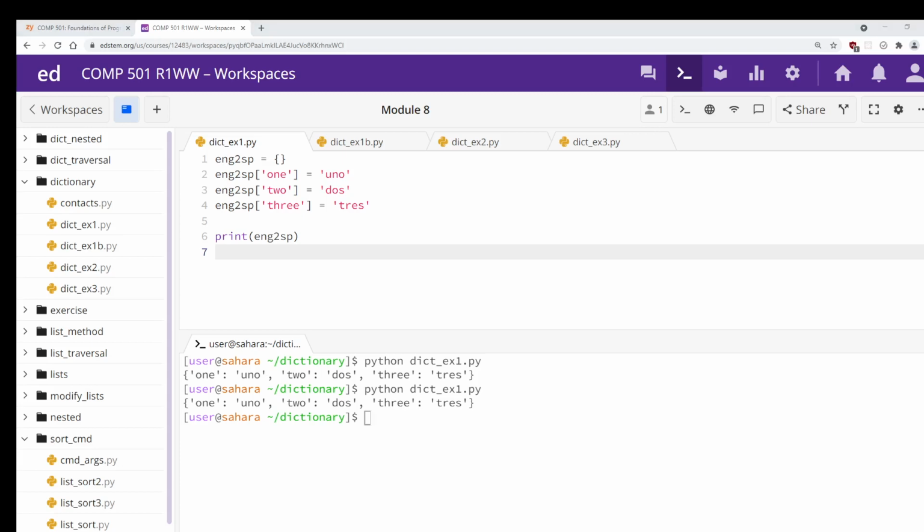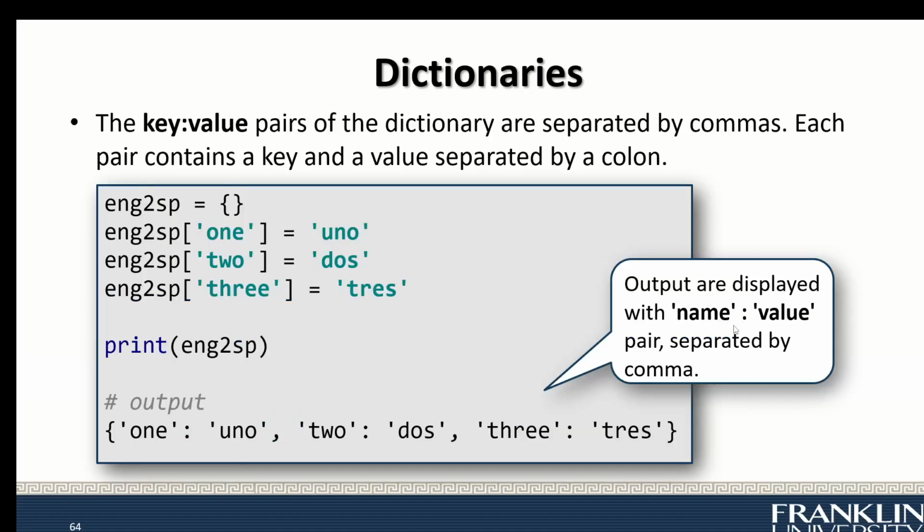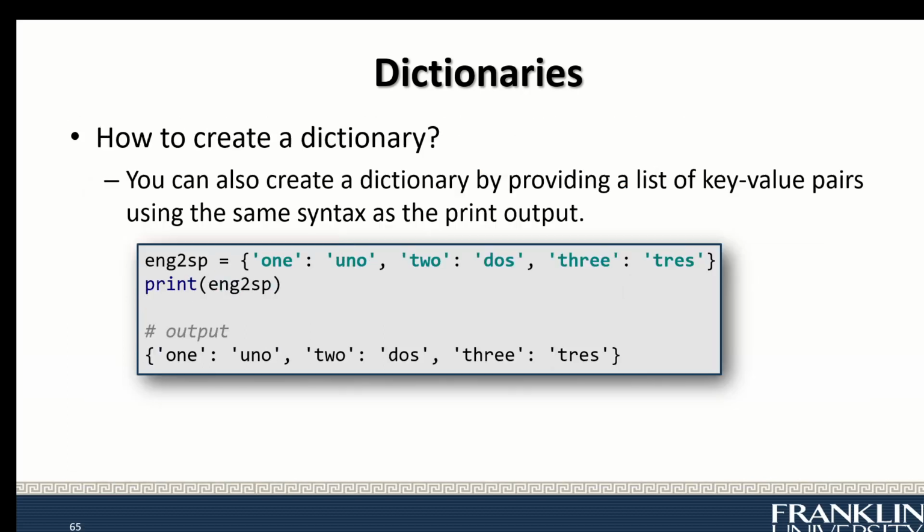And you can also create the key value pairs differently. Instead of creating a dictionary with an empty dictionary and then adding data, you can start with some data, like the print statement that you saw.